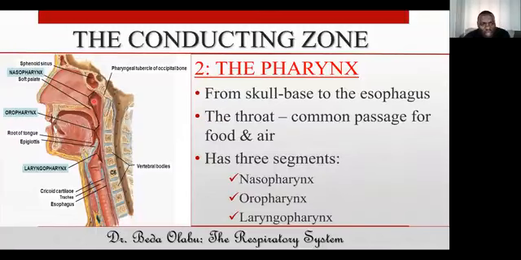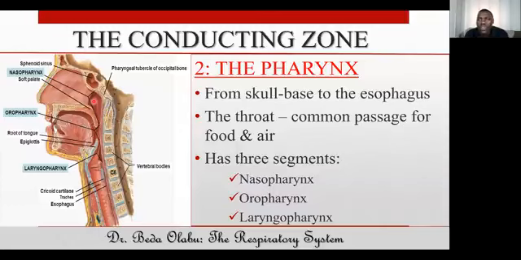But there's another thing I want to talk about. Now, you can see an opening there. That opening is the opening of the eustachian tube. The eustachian tube is also known as the auditory tube. The auditory tube connects the nasopharynx to the middle ear.